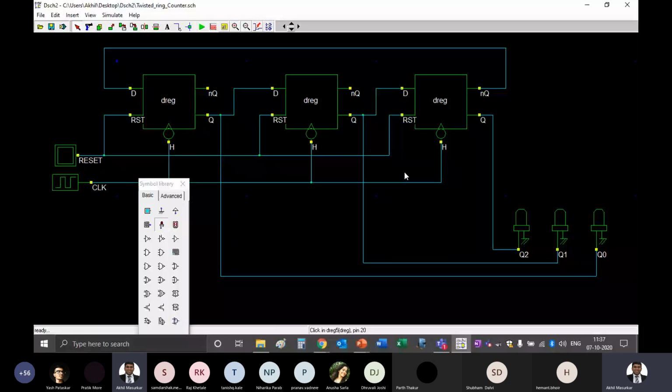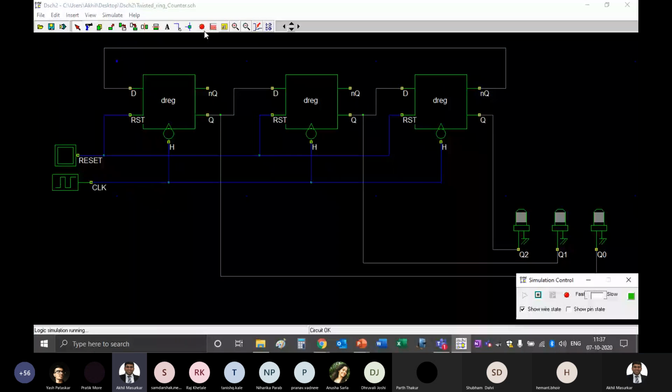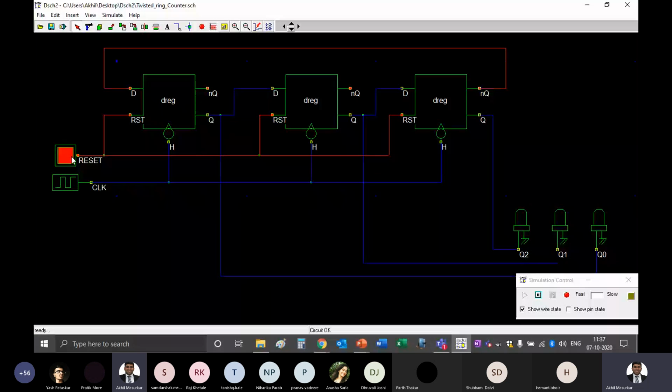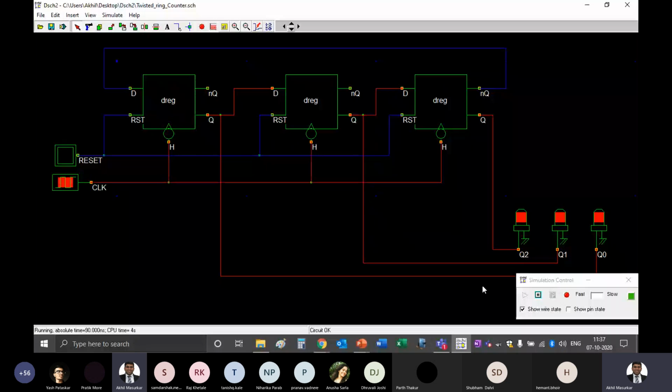So this is the twisted ring counter. Let's reset it. So you should be able to see this.